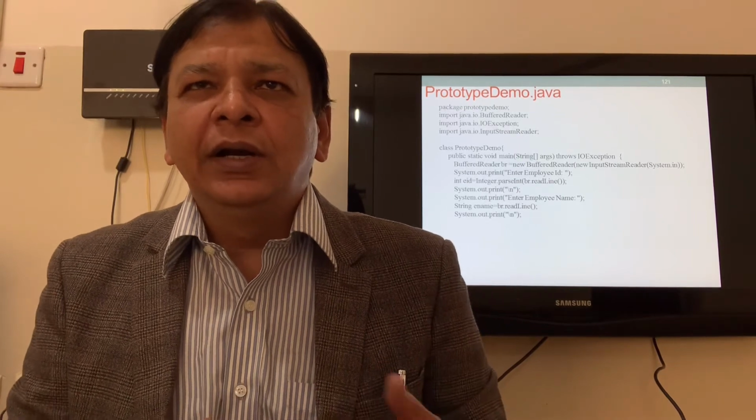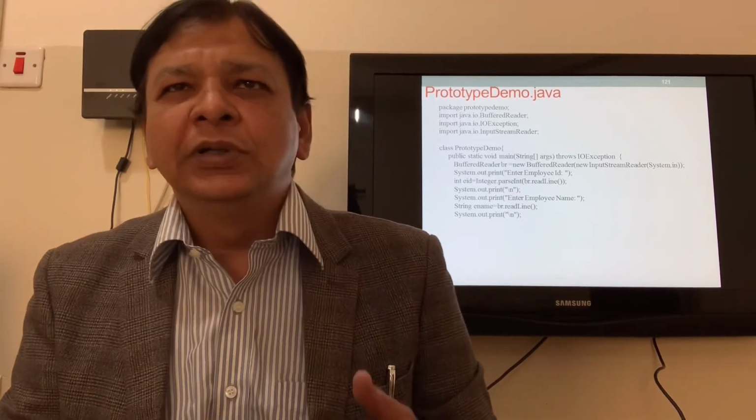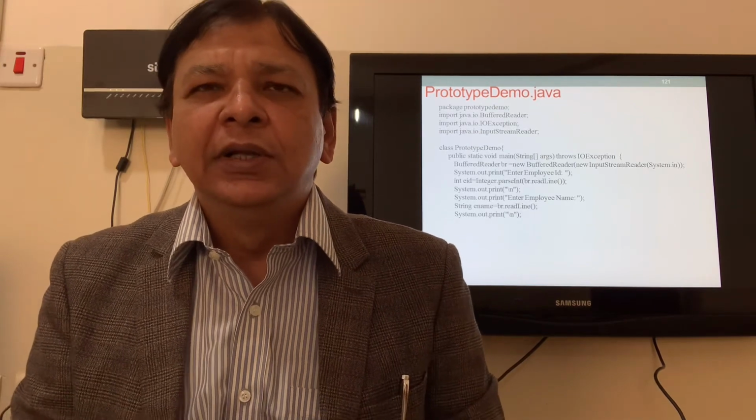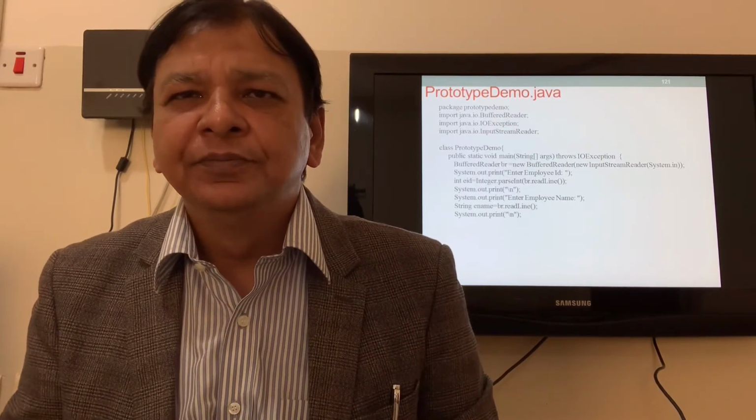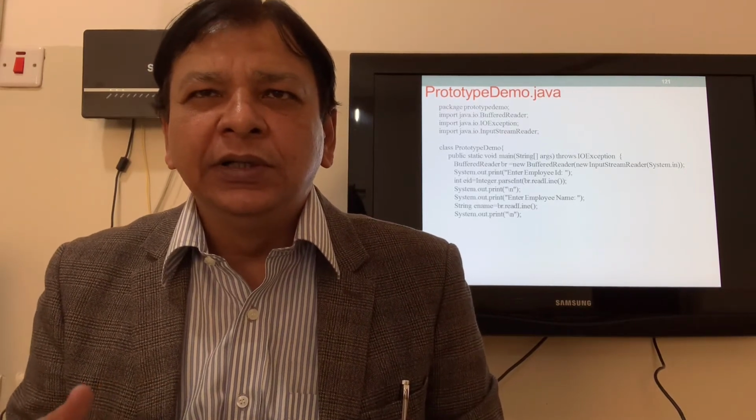Then you have prototype demo, import java.io.BufferedReader, import java.io IOException, InputStreamReader, and then class prototype demo, public static void main string arguments, throws IOException, BufferedReader buffer object, new BufferedReader, new InputStreamReader, system.in, and then system.out.print enter employee ID, int employee ID is equal to Integer.parseInt.